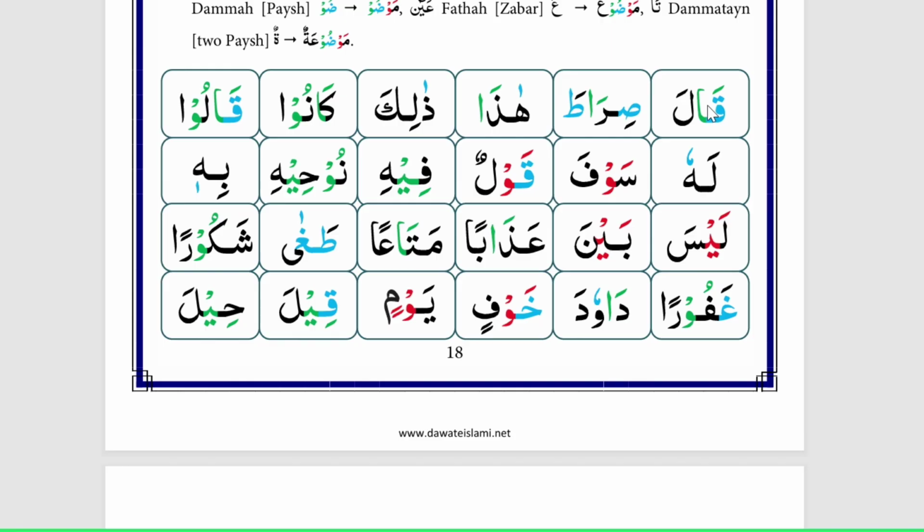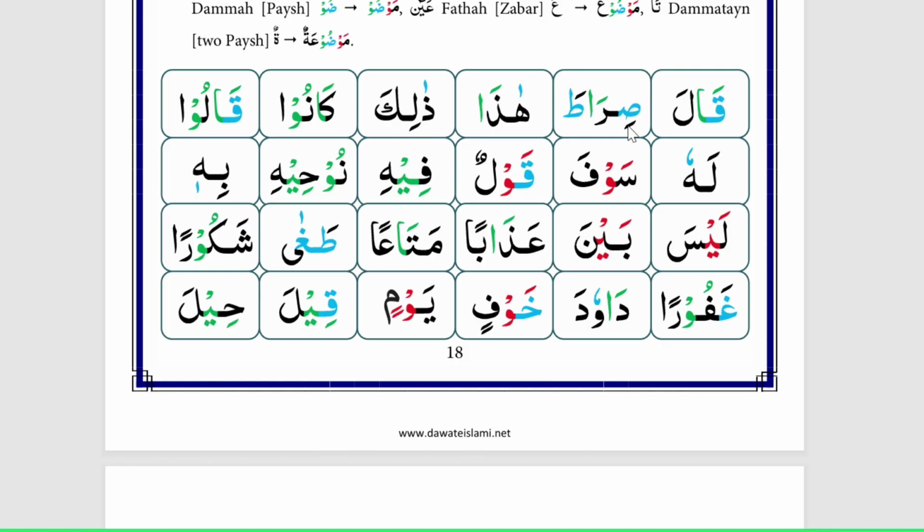Madda letters will always be stretched equal to 1 second. So we will not pronounce this word short as Qala. Stretch it equal to 1 second. Qala, in this way. Similarly, here we can see Zabar comes before Alif, and Alif Madda again will be pronounced equal to 1 second.